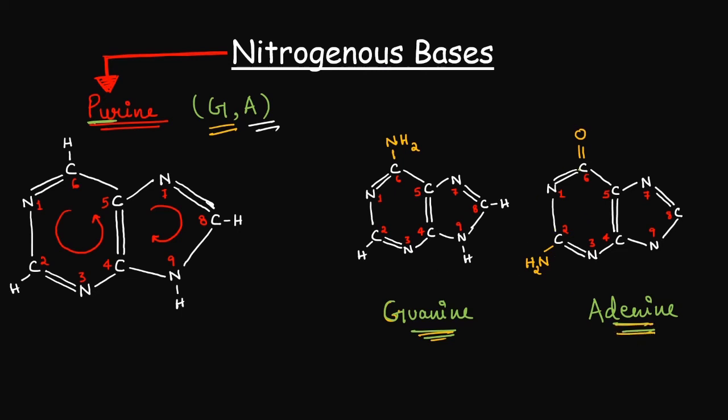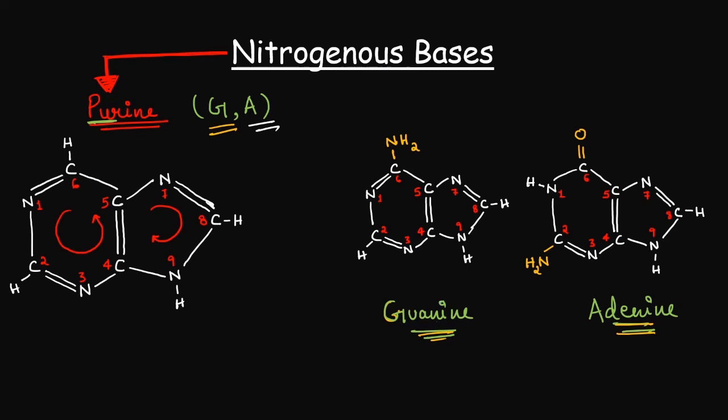Now to balance the electrons, here we have 5 bonds. One is removed. One hydrogen on this nitrogen. 4 bonds. 3 bonds. One hydrogen and one hydrogen. This adenine structure is ready.